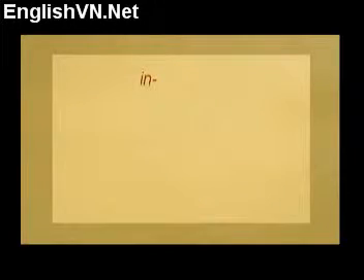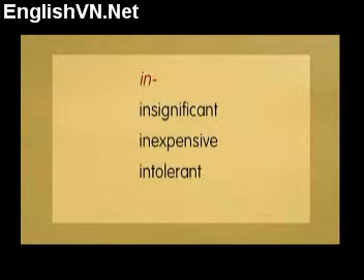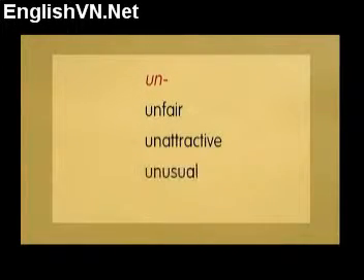The prefix in is used with adjectives as well to make opposites. It forms words like insignificant, not significant, inexpensive, not expensive, intolerant, not tolerant. Another common opposite prefix is un. We can have unfair, unattractive, unusual, unnatural.